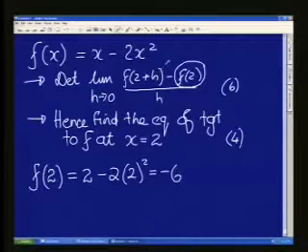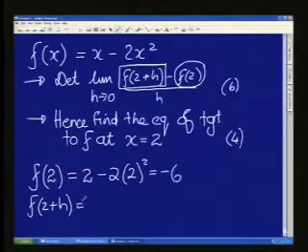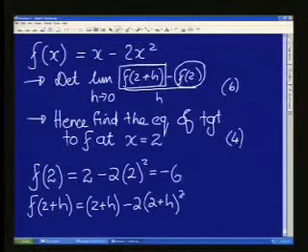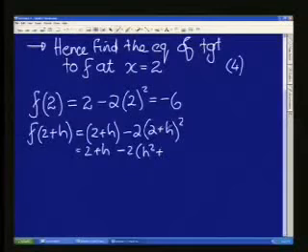Now I do the same for the second part, f of 2 plus h. What is f of 2 plus h? All your x's in here become 2 plus h's. So I get 2 plus h minus twice the 2 plus h, all squared. A little bit more work that I have to do over here. Now I need to square the second bracket. I get h squared plus that times 2.